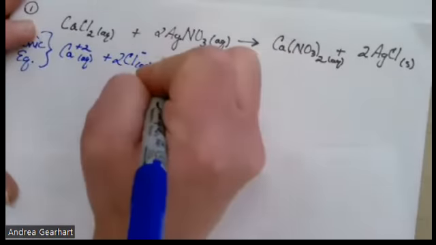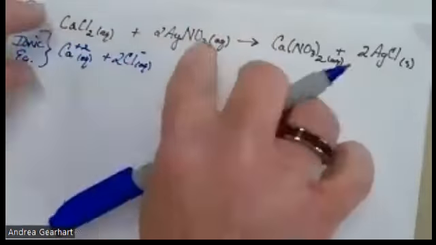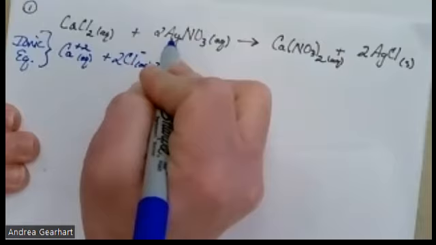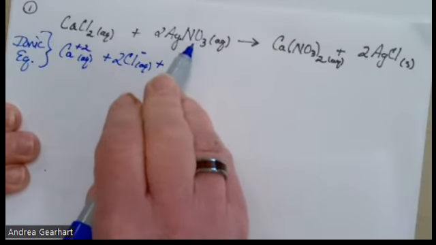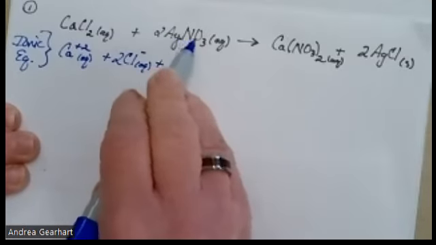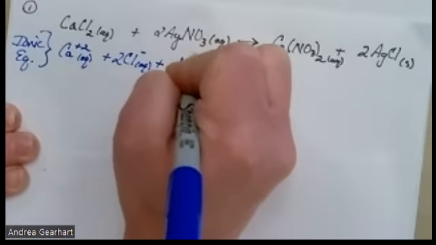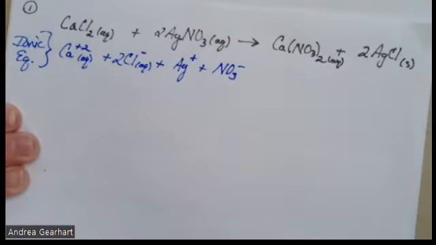Okay, that is in contact, because I'm assuming I add these to the same beaker, with silver nitrate. All nitrate compounds are soluble. It's in solution, metal cation and non-metal anion. So I break this into the silver and the nitrate ion.